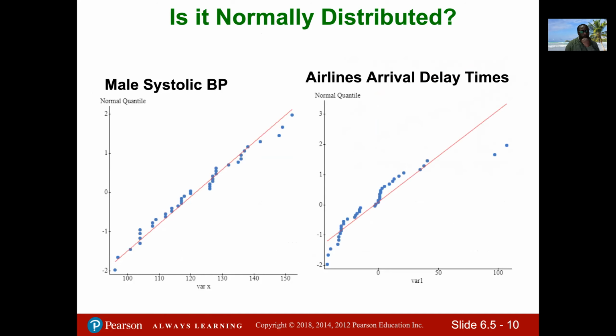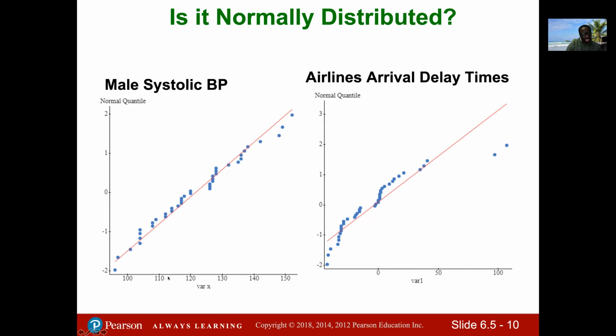Okay, so I have two graphs here. You have male systolic blood pressure, and the airline arrival delay times. Now let's look at the first one on the left, the normal quantile plot. This is reasonably close to a straight line.